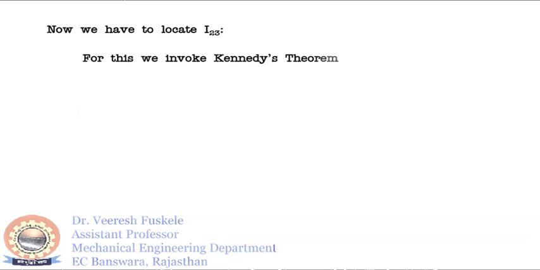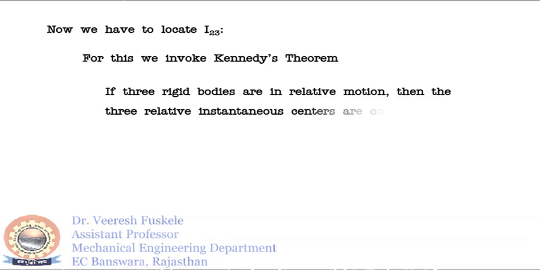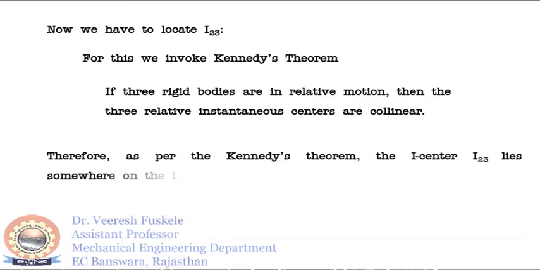For this we invoke Kennedy's theorem. According to Kennedy's theorem, if three rigid bodies are in relative motion, then the three relative instantaneous centers should lie on the same line. They should all be collinear. Therefore, as per Kennedy's theorem, I23 lies somewhere on line AH.